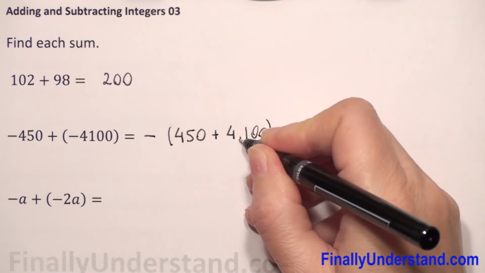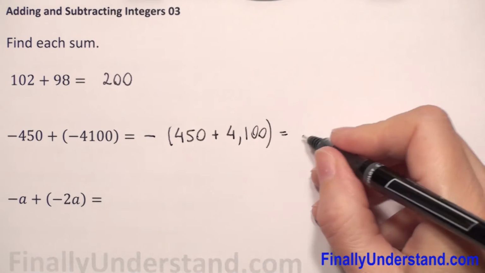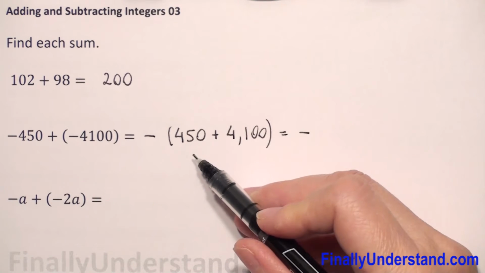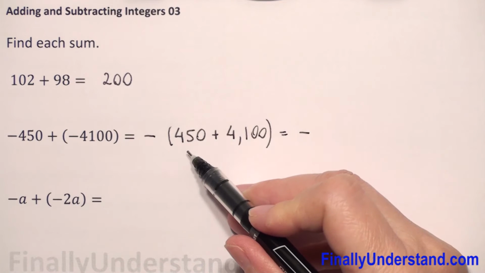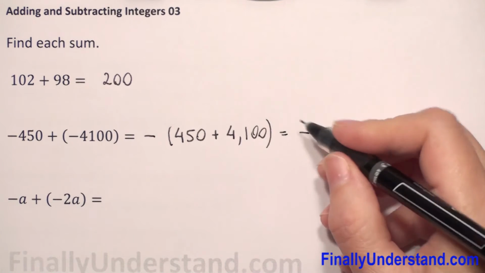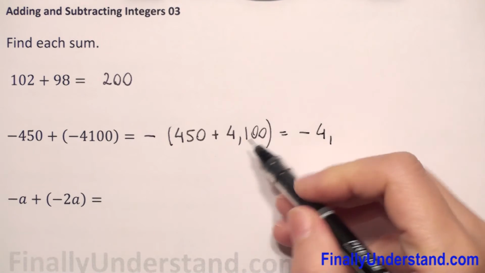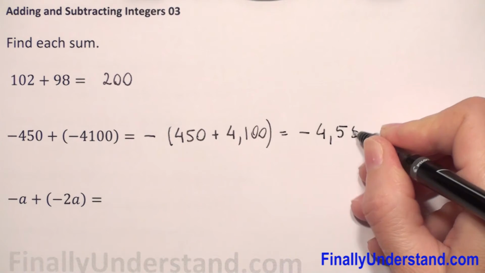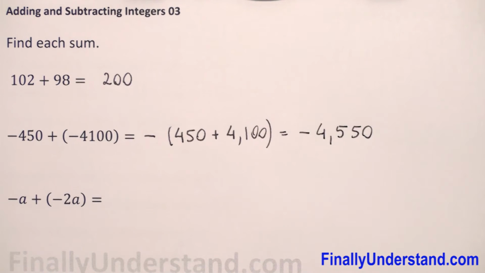So this is equal, negative sign we copy, and 4100 plus 450 is 4550. We rewrite.